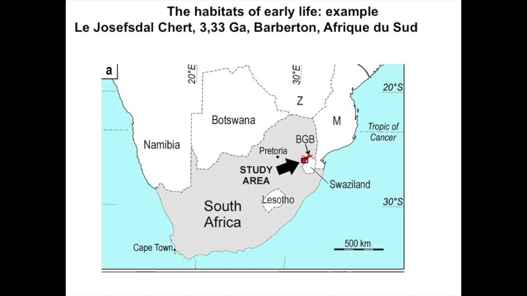This is the Onverwacht Belt. It consists of mostly volcanics and interlain by thin layers of volcanic sediments and intruded by granitic plutons. So this is the Swaziland border and the study area is in this area here.